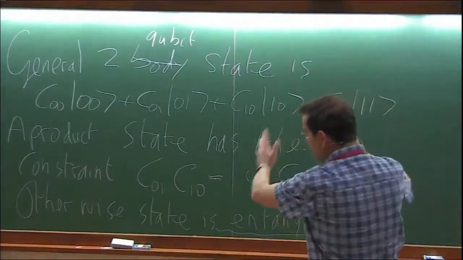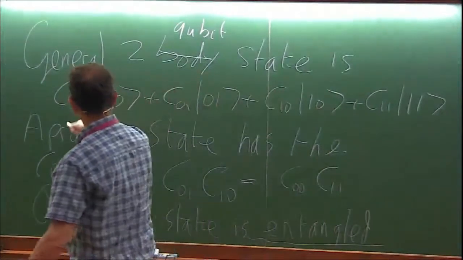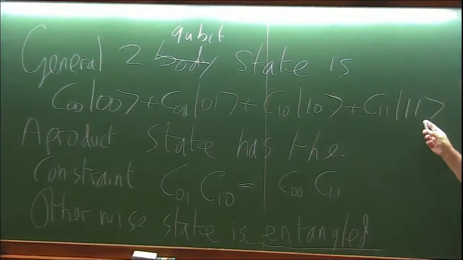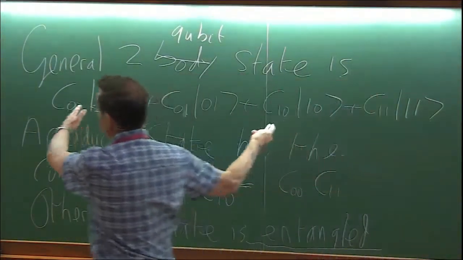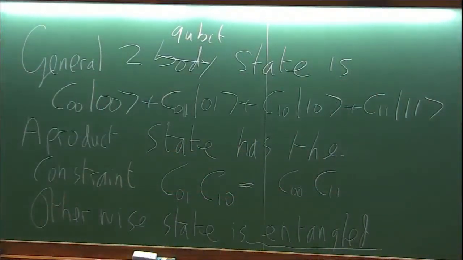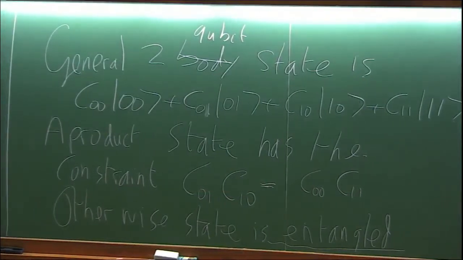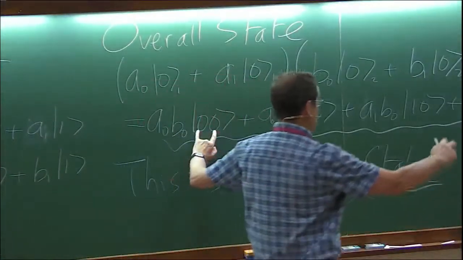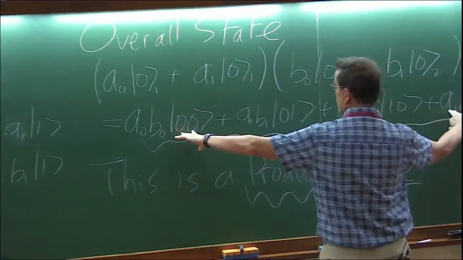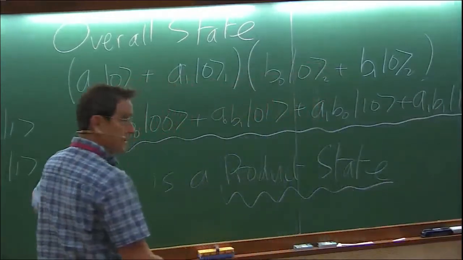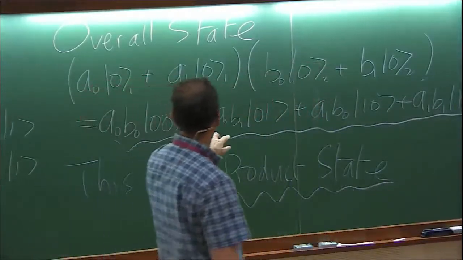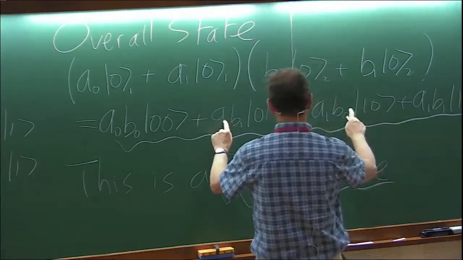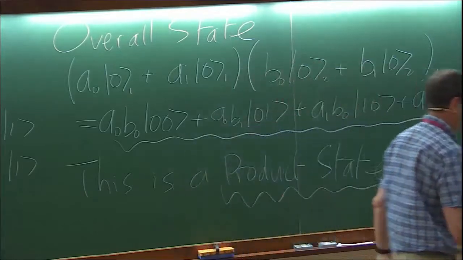And for a general state, let me call the coefficients C00, C01, etc. So if you compare this with this, you can see that if I take the product of the coefficient of 00 and the coefficient of 11 and multiply them together, that's A0 B0 A1 B1. That's exactly the same as the product of the coefficients of the 01 and 10 states. That's also A0 B0 A1 B1.